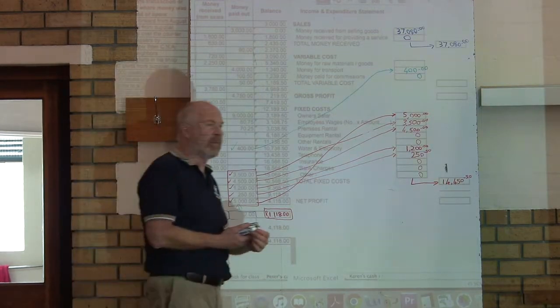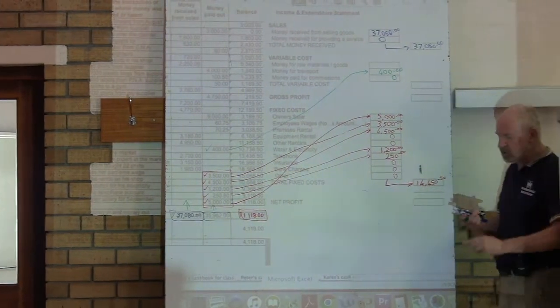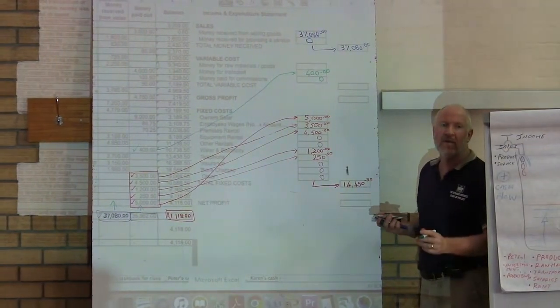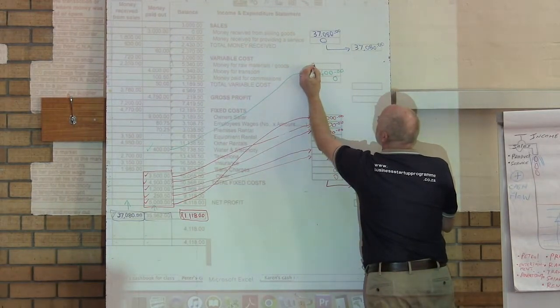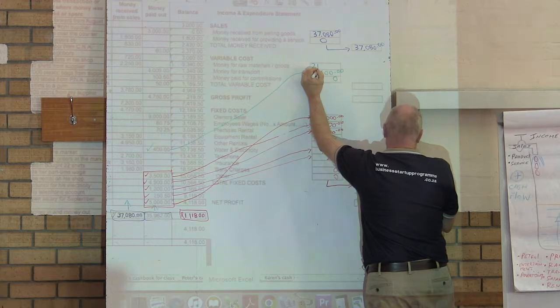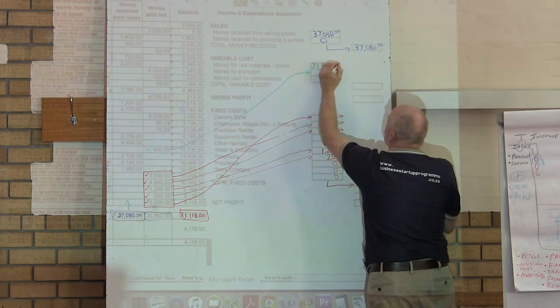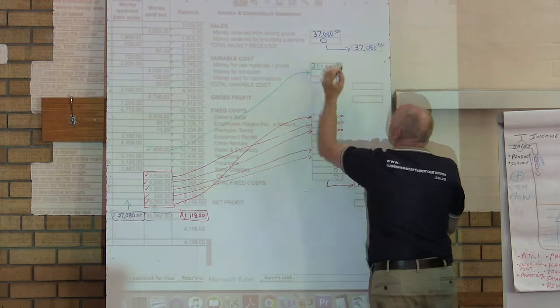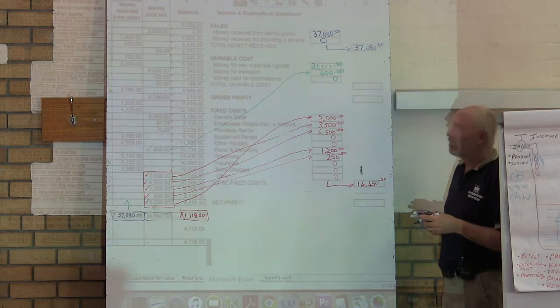As far as I can tell, if my calculations are correct, it should be 21,111 rands and 50 cents. That's what it should be, I think.